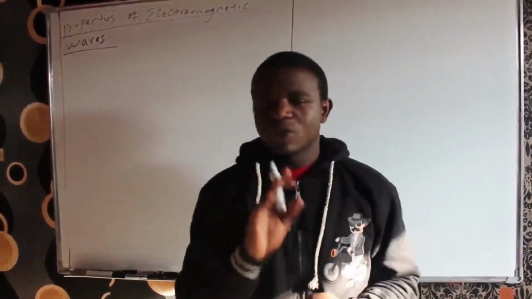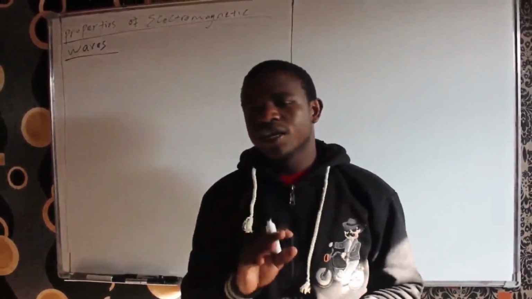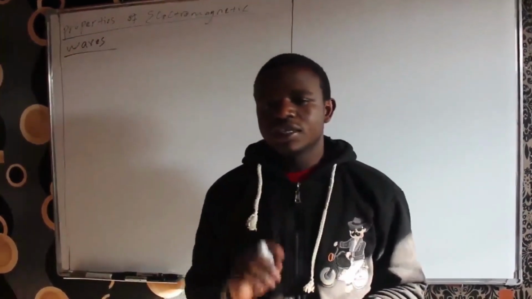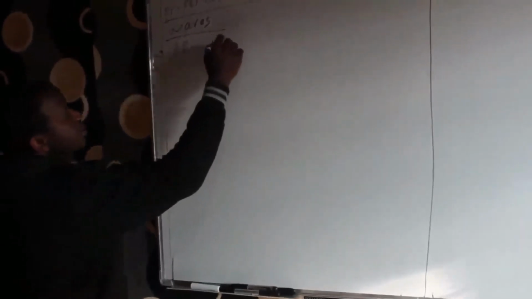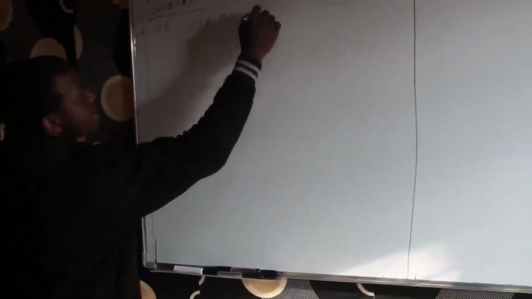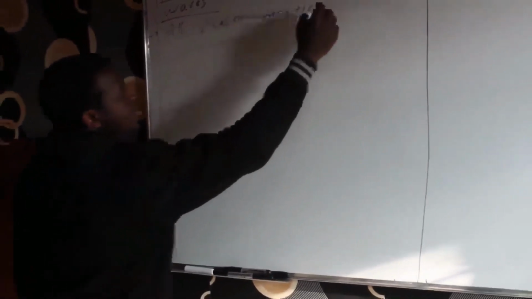So the first thing that we're going to talk about are the properties or characteristics of these electromagnetic waves. I've said the first characteristic is that all electromagnetic waves are transverse.